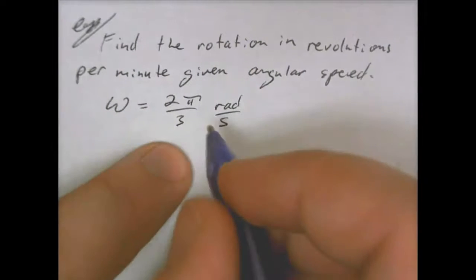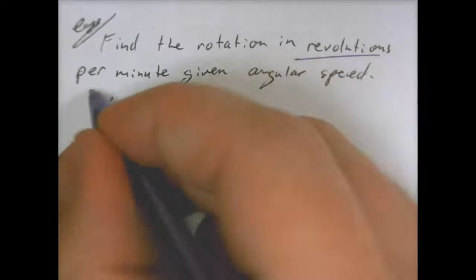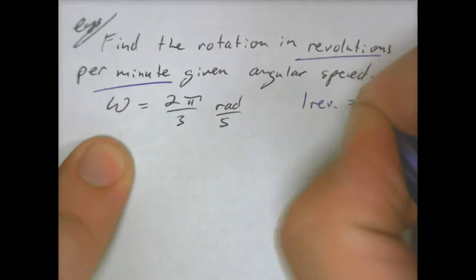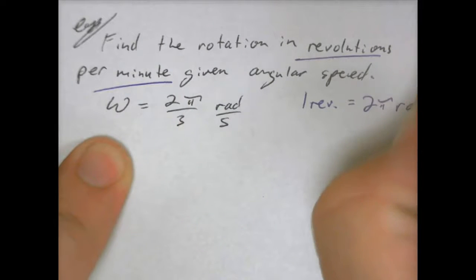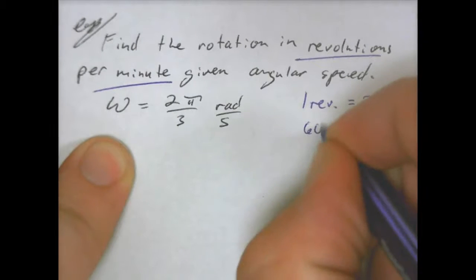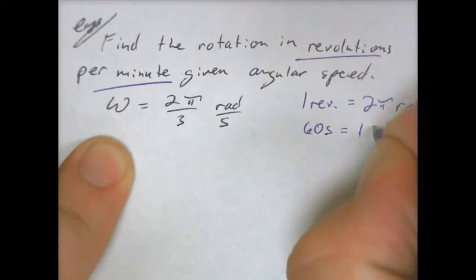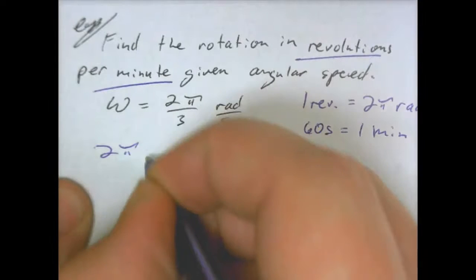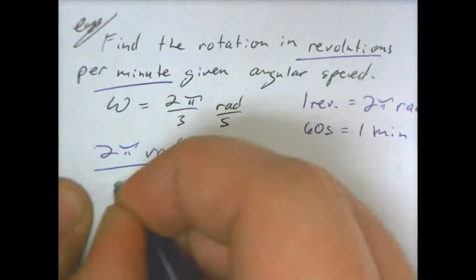With this, notice it wants to find it in revolutions per minute. Well, I know that 1 revolution is equal to 2 pi radians. And per minute, I know that there are 60 seconds in 1 minute. So using dimensional analysis, 2 pi radians per 1 second.